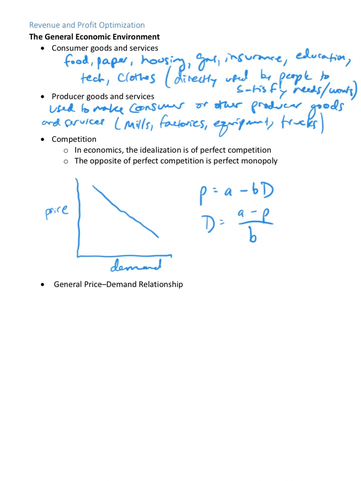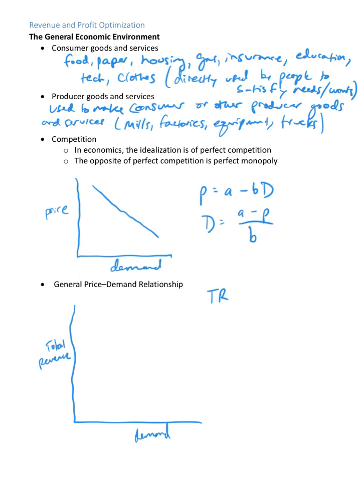Okay, so now we're going to be looking at how revenue is related to demand. So let's look at another graph here. We're going to say this is total revenue and this is demand. And total revenue is this term that means how much money we are bringing in, okay?